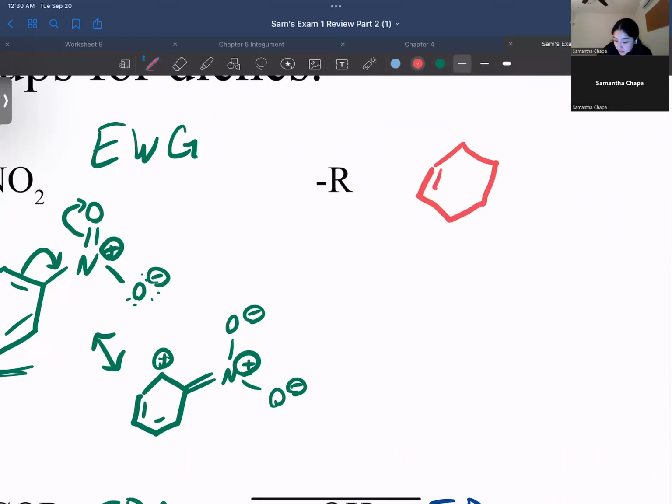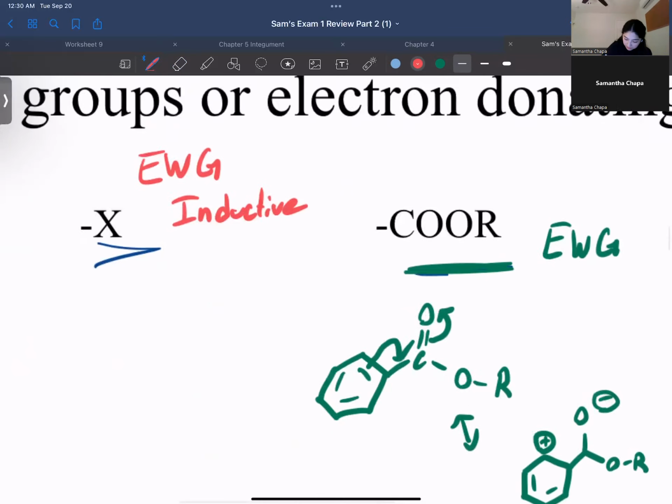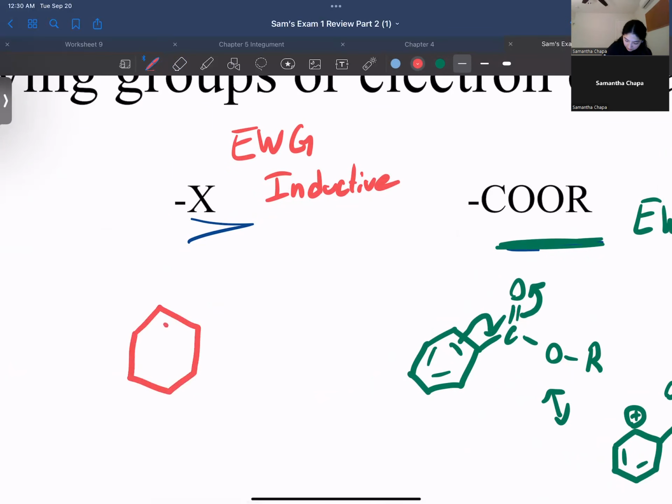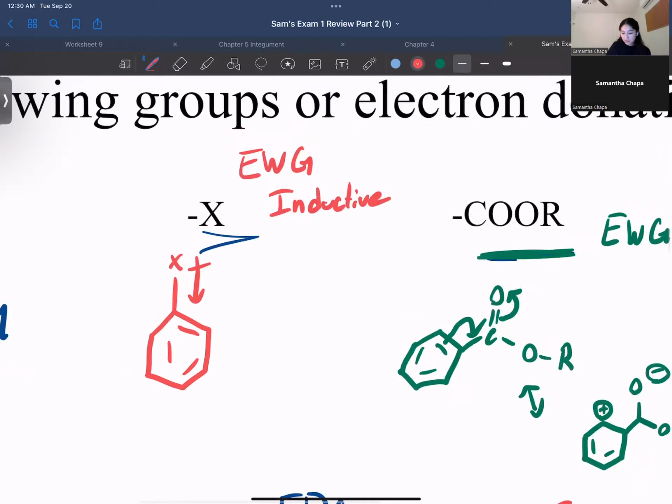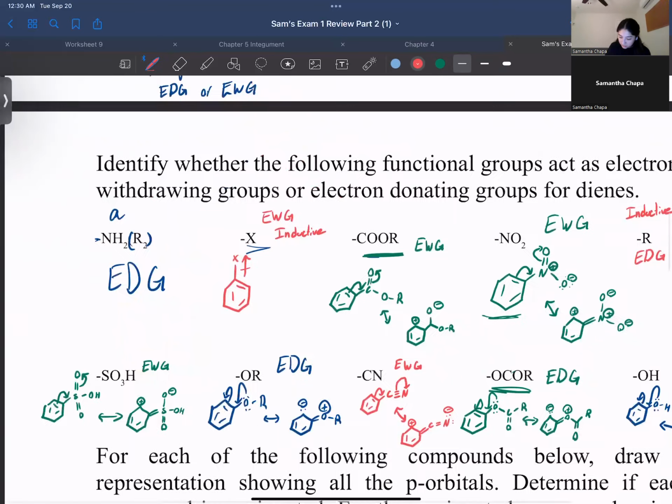So we got toluene here, that's what it's called. This R group is going to be pushing away electron density into the benzene ring, not through resonance, but through the inductive effect. So electron donating group through the inductive effect. So let me draw the dipole here too. There we go. Cool.